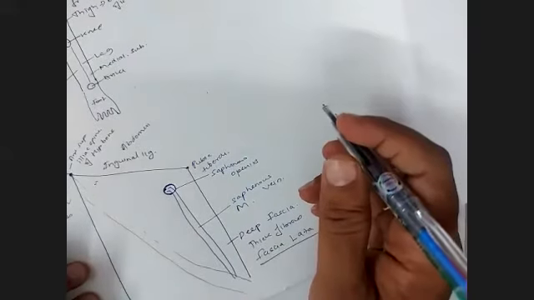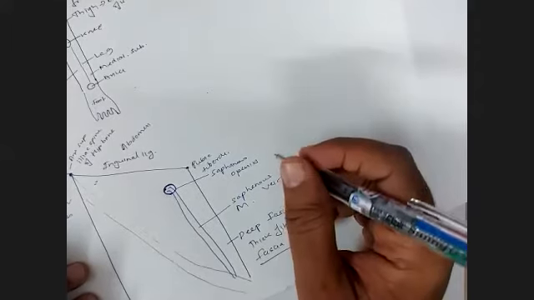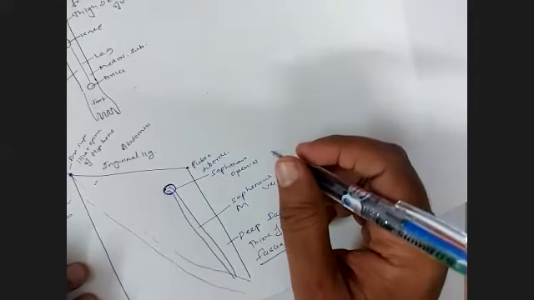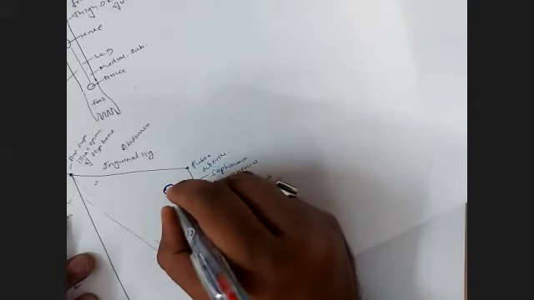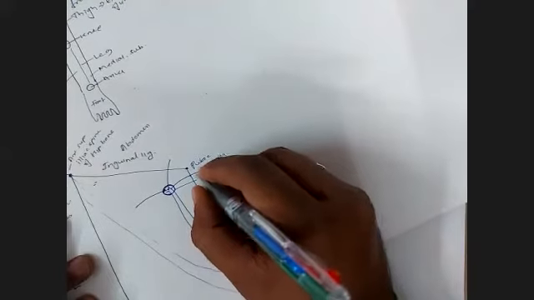So now, opening into this saphenous vein are three other veins. 1, 2, and 3. These three veins have names.